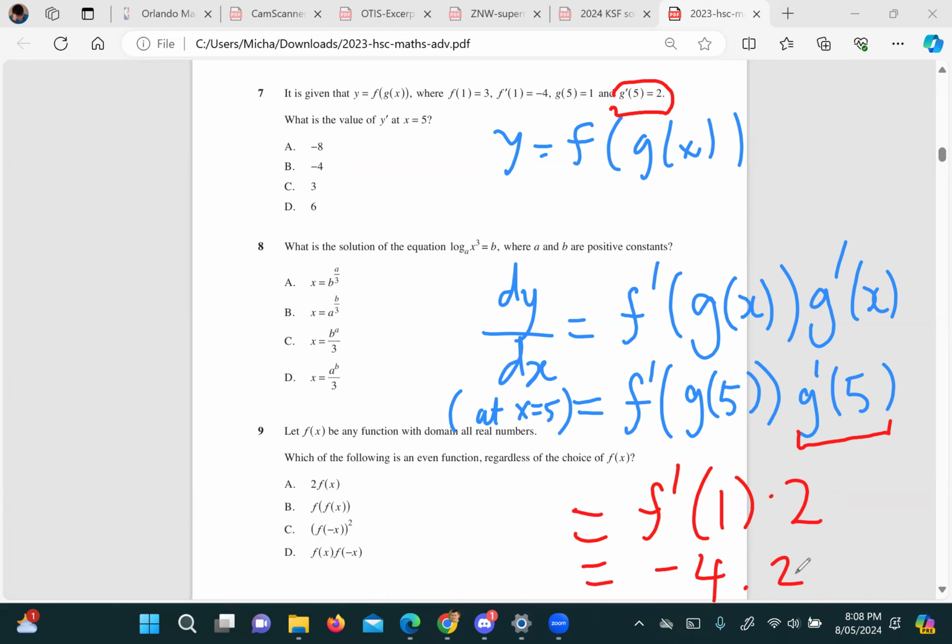So why did they give us this thing here? There must be a common mistake people make that they're trying to exploit. So if x equals 5, y equals 3, right?